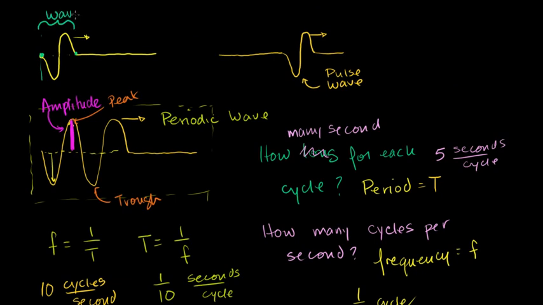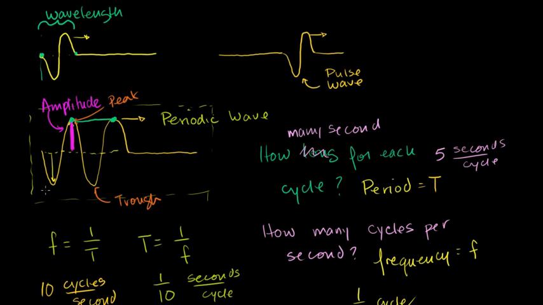That is a wavelength. And there's a lot of different ways you can define a wavelength. You could view a wavelength as how far the initial pulse went after completing exactly one cycle. Or you could view it as the distance from one peak to another peak. That is also going to be the wavelength.